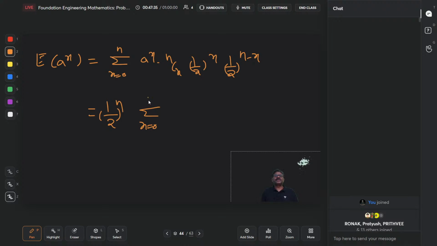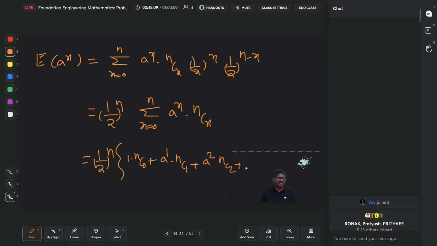So we have 1 by 2 whole power n times the sum over x equal to 0 to n of a power x into nCx. Observe, when x equal to 0, a power 0, that is 1, into nC0; a power 1, that is a, into nC1; a square into nC2, and so on, up to a power n into nCn.